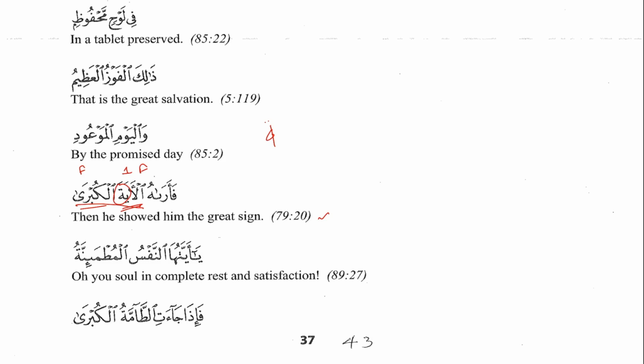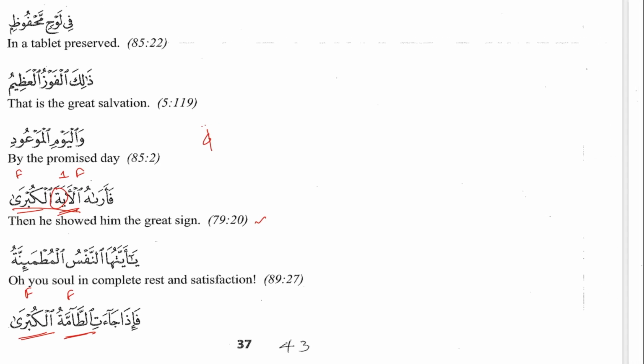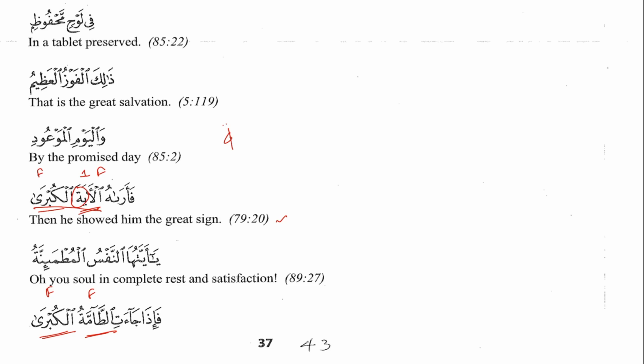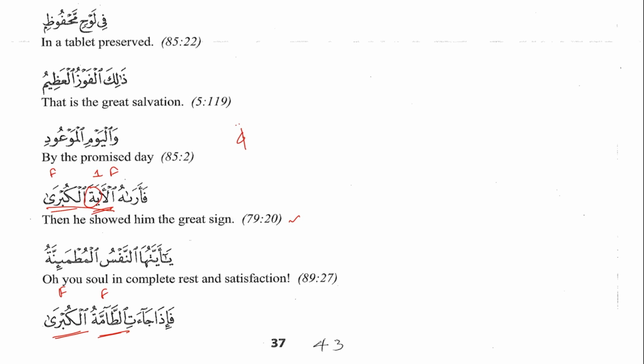We have something similar in the last example also. At-tammatul kubra: they're both feminine, and they're also definite, because we see an al attached here.